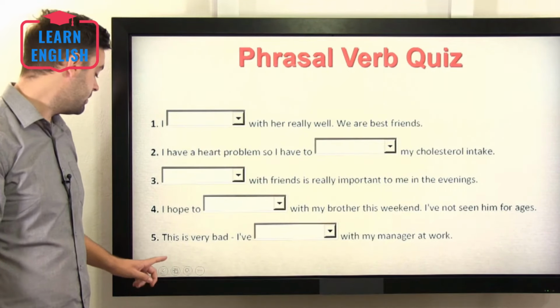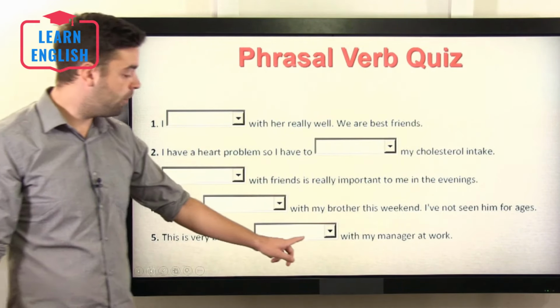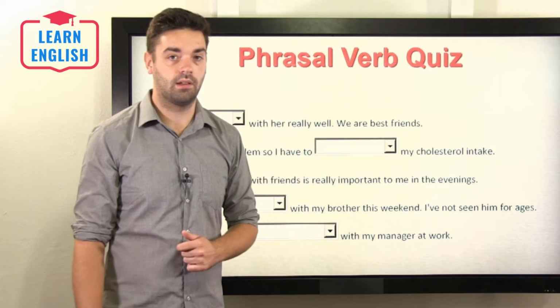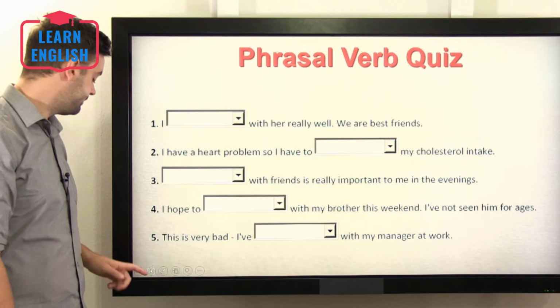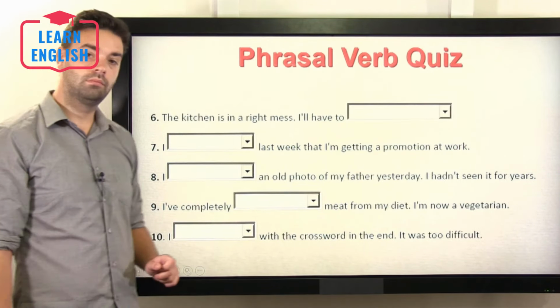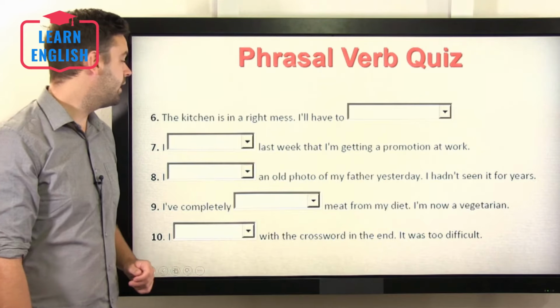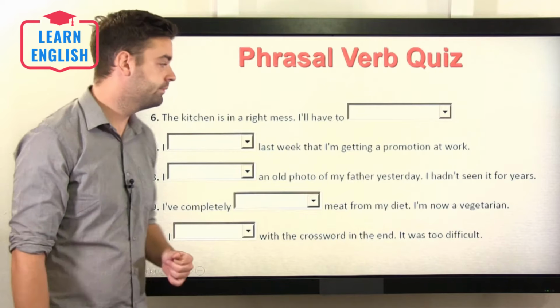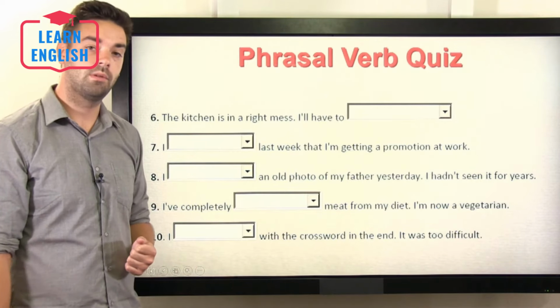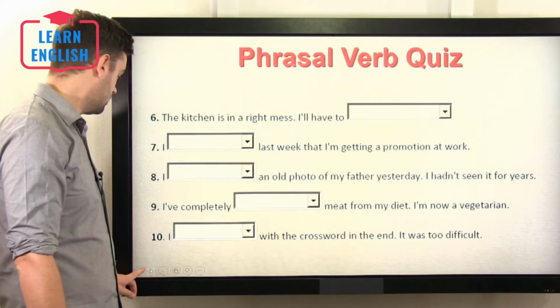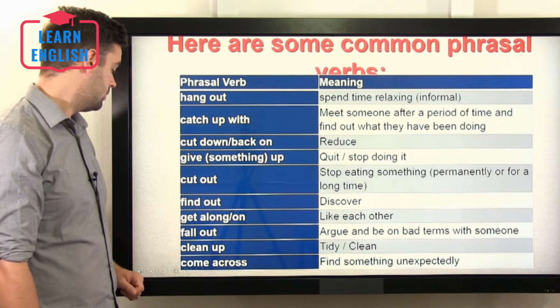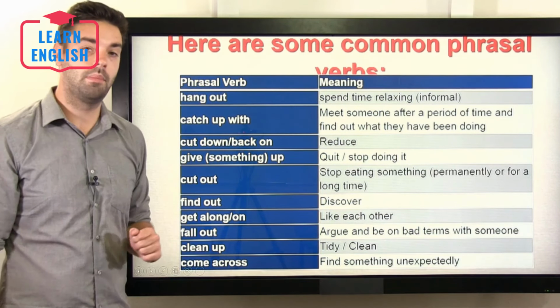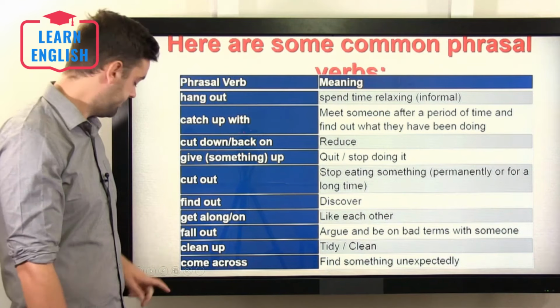I've fallen out with my manager at work. That would not be good. Number 6: The kitchen is a right mess. I'll have to what? Clean up. I'll have to clean up.